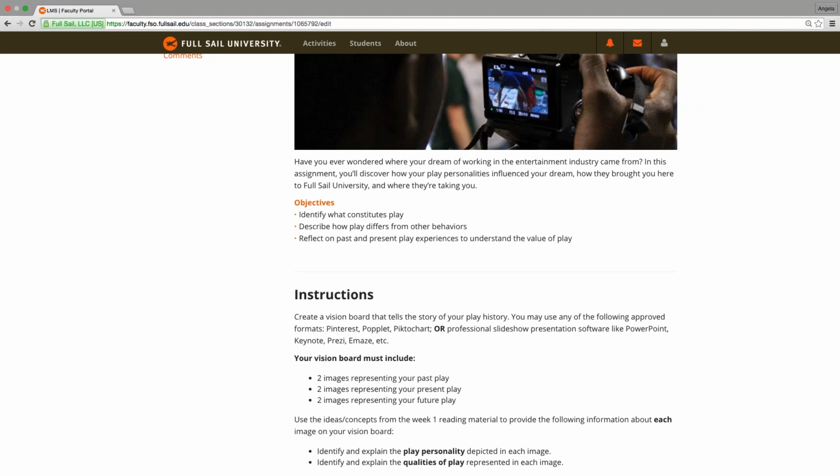All right. And this vision board should tell us a story, tell yourself a story about your play history. So you may want to use things like Pinterest or Pictochart is another good one. Pictochart is a program that lets you put together a visual infographic type of image altogether.